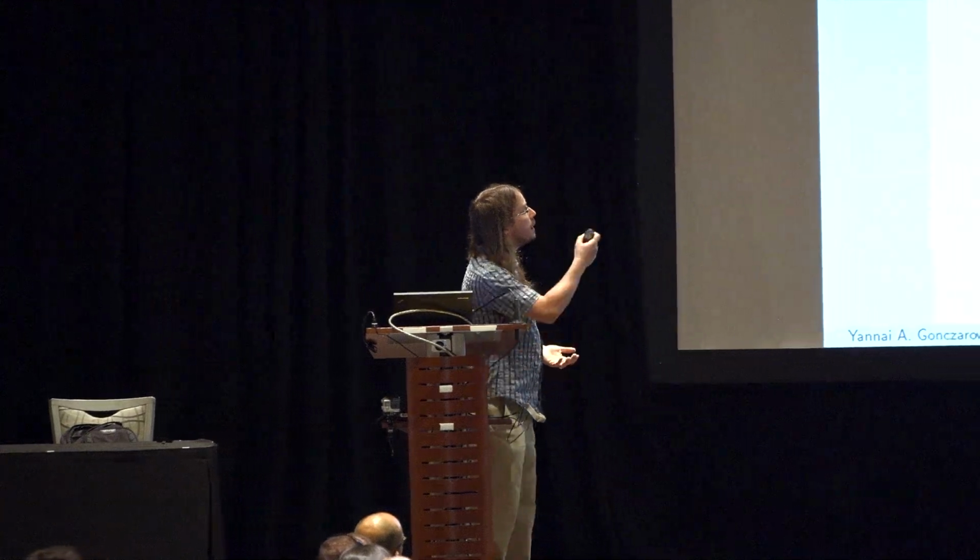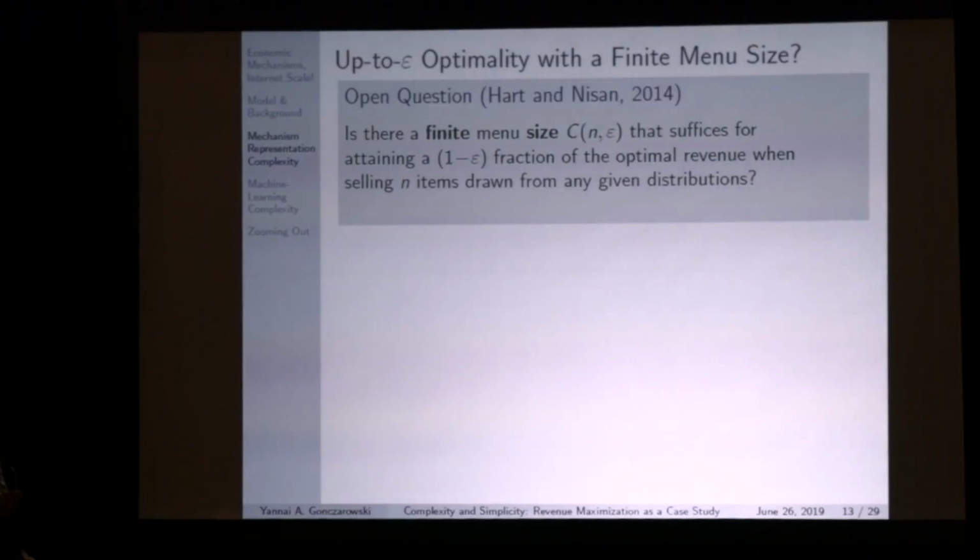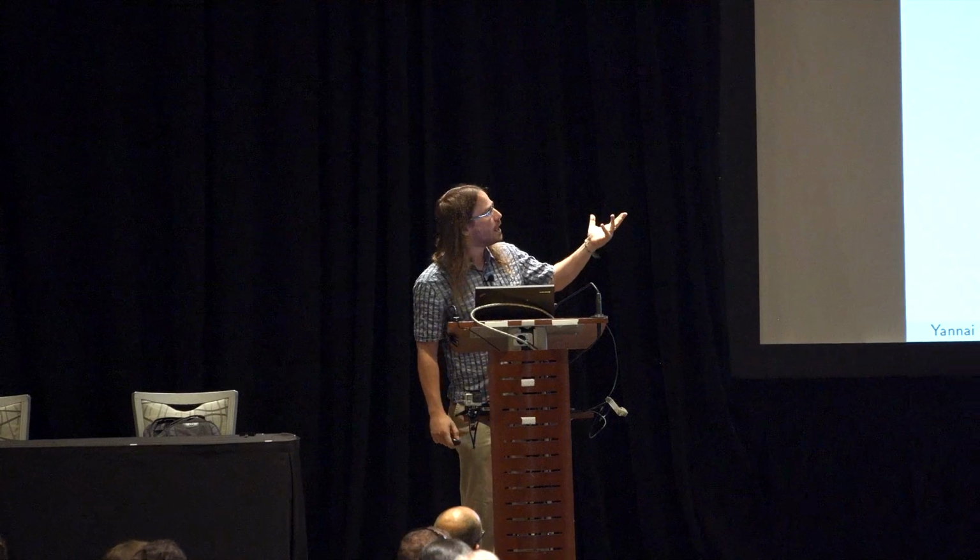So Hart and Nisan, 2014, asked, is there a finite menu size C that depends only on parameters and an epsilon that suffices for attaining a 1 minus epsilon fraction of the optimal revenue when selling n items drawn from any given, I remind you, independent distributions? And so what are they asking here?